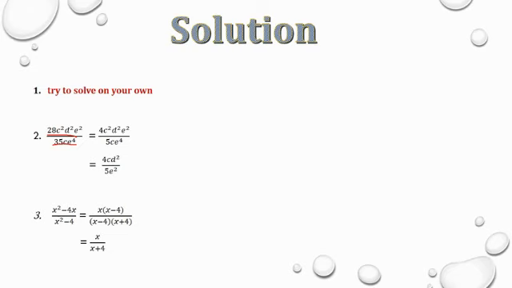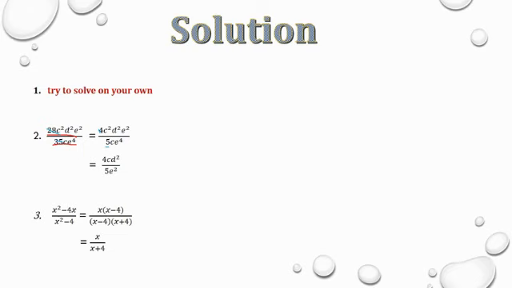As you can see, 7 is the highest common factor which can divide into both 28 and 35. If we divide 28 by 7, we get 4, and if we divide 35 by 7, we get 5. So our numerator is 4c squared d squared e squared, and our denominator is 5ce to the power 4. As we can see, the highest power common to both our denominator and numerator is ce squared.